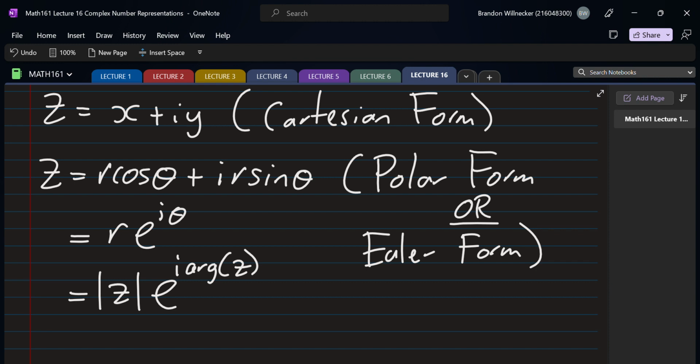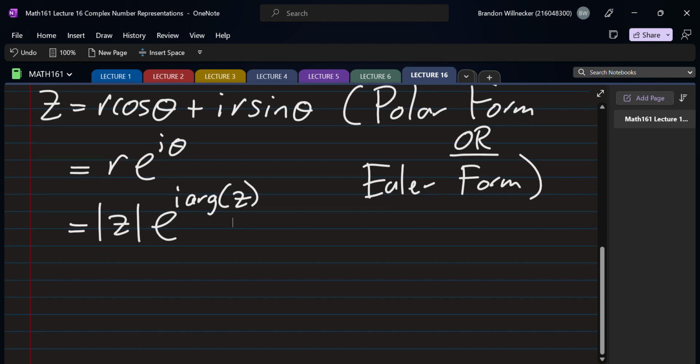That's just a bit of notation. The r and theta for the polar form we can write as the norm of z for that radial distance, and arg z, or argument of z, for the angle. But that's just notation.